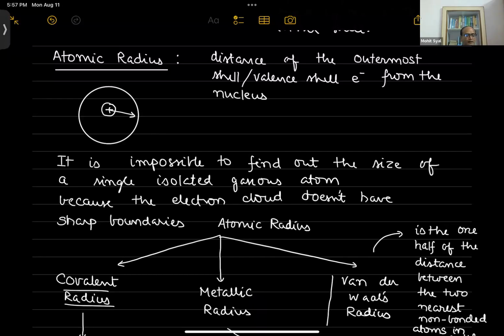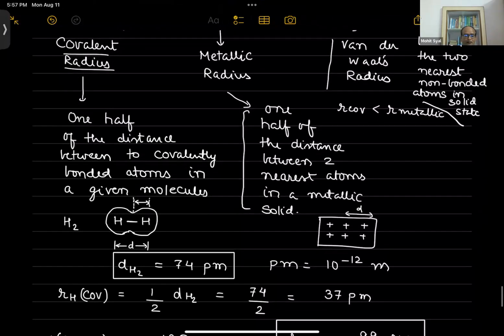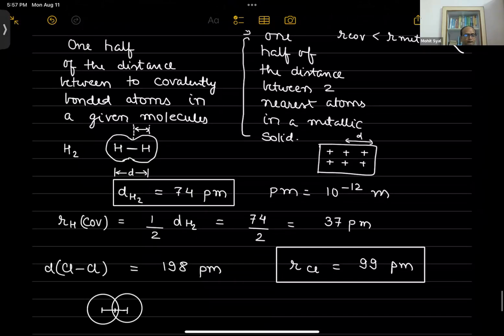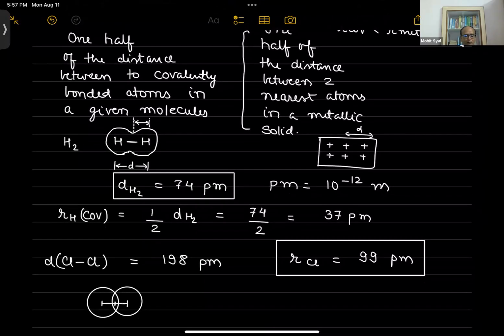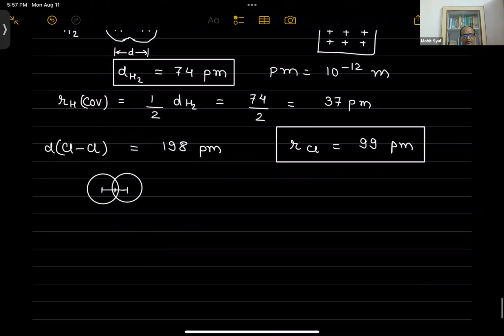So let me show you how it varies with a diagram. Chlorine is there, right? Chlorine is basically a Cl2 molecule. Let's say this is Cl and this is Cl. This distance is X. Are these bonded or non-bonded?